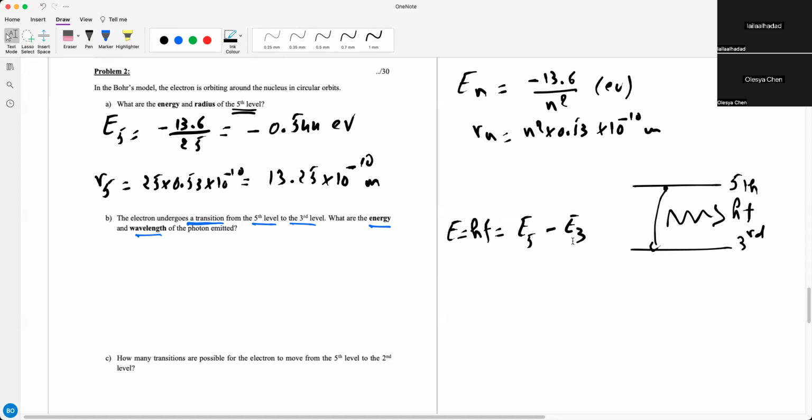Okay. So now let's calculate. Please pay attention to here. So the photon's energy is equal to E5 minus E3. What is E5? E5 is minus 13.6 divided by 25. Are you following?